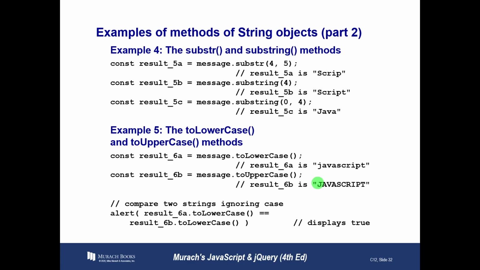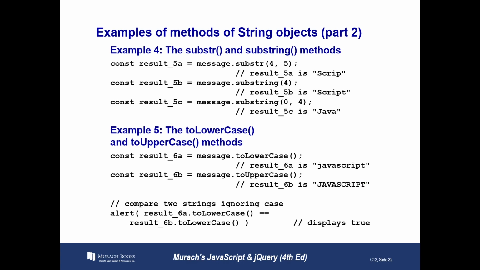So that comes in handy when we want to compare things, because if I compare the original JavaScript with a JavaScript that's all lowercase or a JavaScript that's all uppercase, if I compare them to see if they're equal, they will not be equal because case matters.